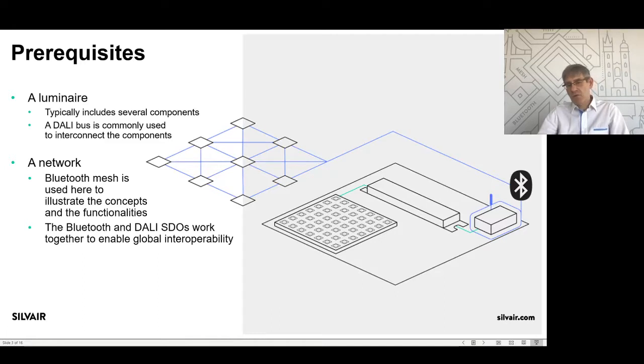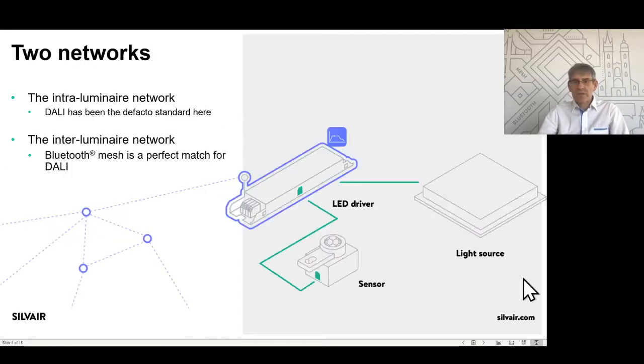to enable global interoperability. Speaking of networking in lighting, we have two networks. One is the intra-luminaire network, the network inside a luminaire, and that network de facto is based on the DALI standard. It's been so for years.